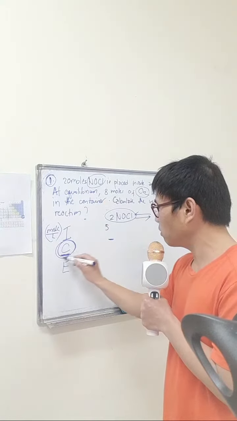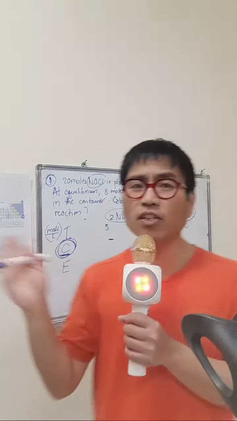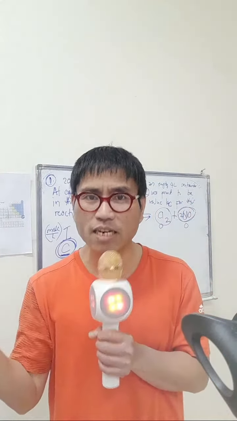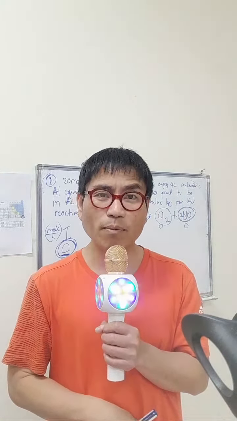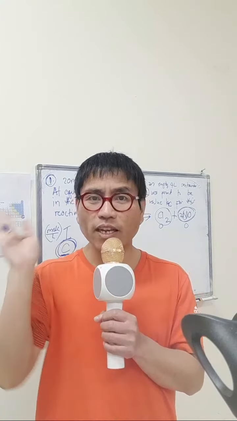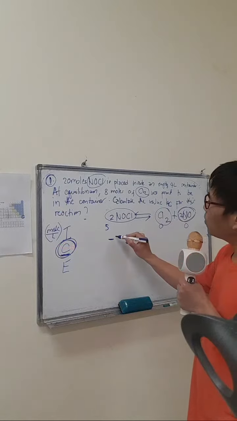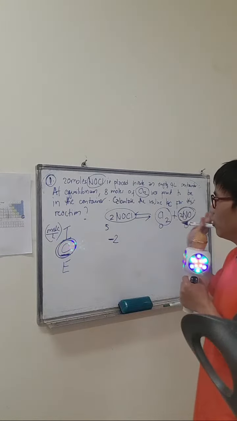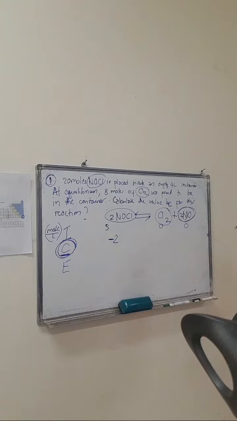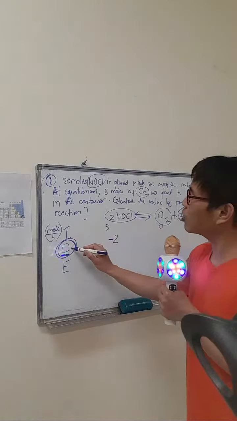Always take note, the initial is not yet subject to change. Because that's talking about initial. So you say minus 2 coefficient. And then you let X be the moles per liter of the concentration at the reaction.